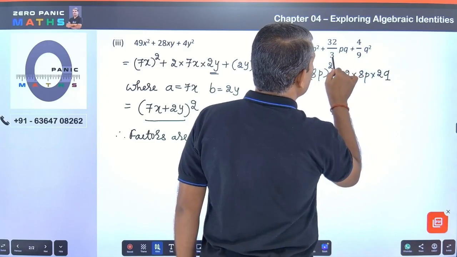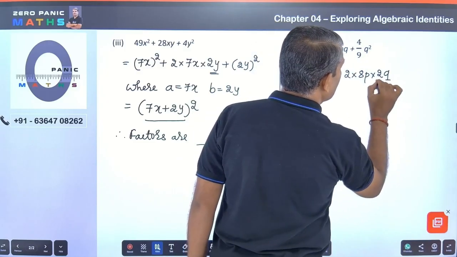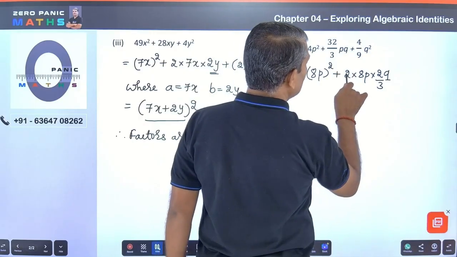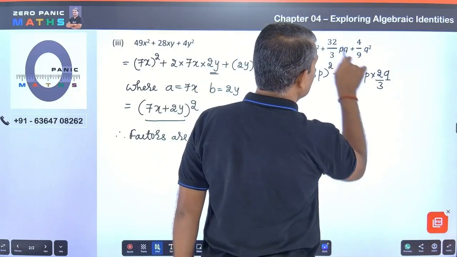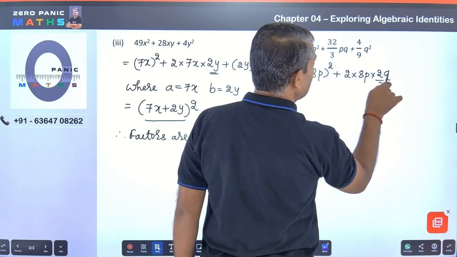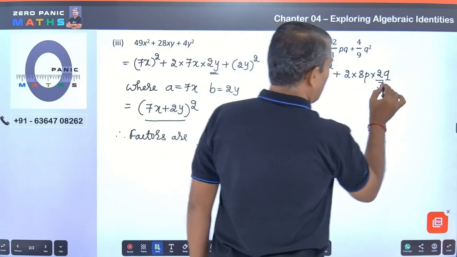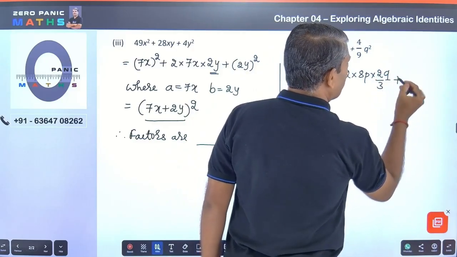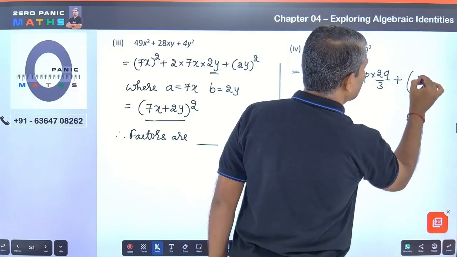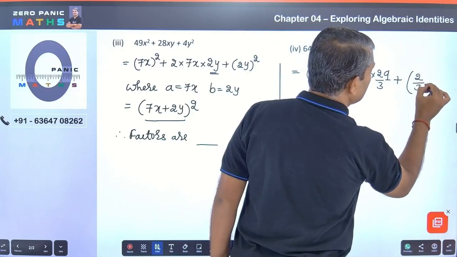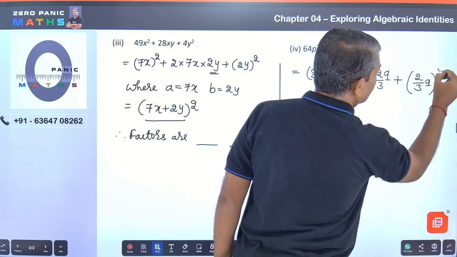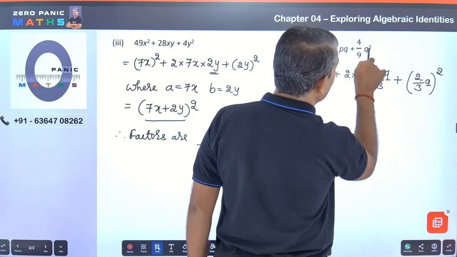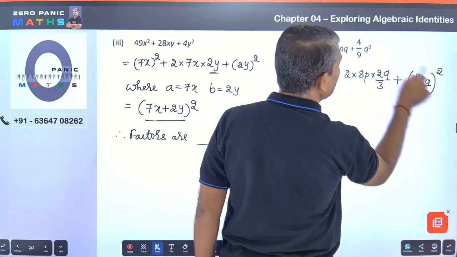But I have a 3 also here, so I can do this as 2 by 3. So 2 eights are 16, 16 twos are 32, divided by 3, and p into q, pq. So now it makes 2 by 3 q my value of b. So I can directly write this as (2q/3) whole square, which makes it 2 square, which is 4, and 3 square, 9, and q square. It is 4 by 9 q square.